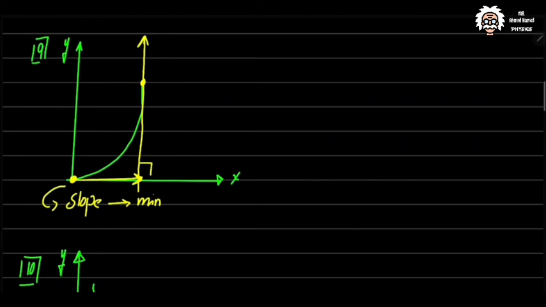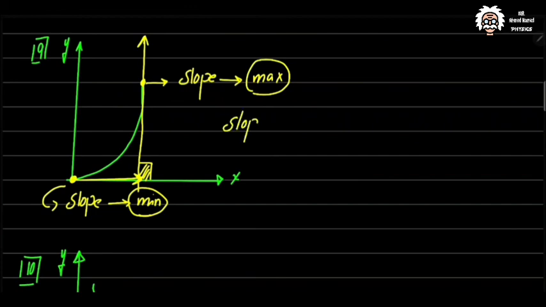This line is making an angle of 90 with the x-axis, and we said that if the line is making an angle of 90 with the x-axis, we can conclude that at this point the slope is a maximum slope. So on this curve we started with a minimum slope, and at the end it becomes a maximum value, which means that the slope on this curve is increasing.